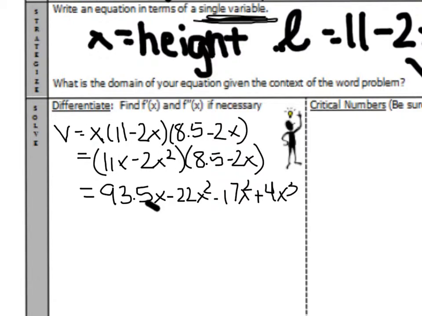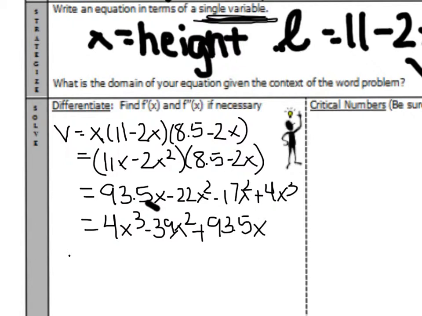Okay? And if I combine like terms, I end up with 4x cubed minus 39x squared plus 93.5x. So now the derivative of this is 12x squared minus 78x plus 93.5.